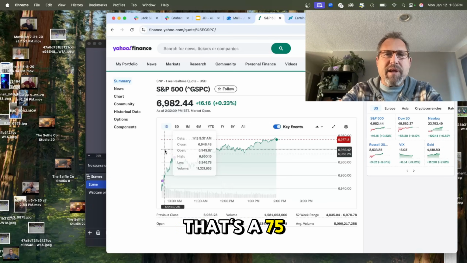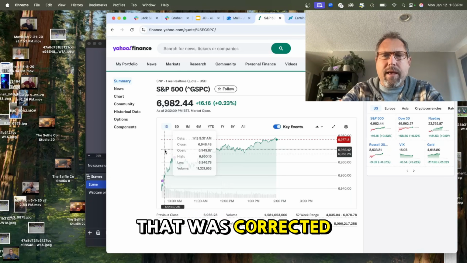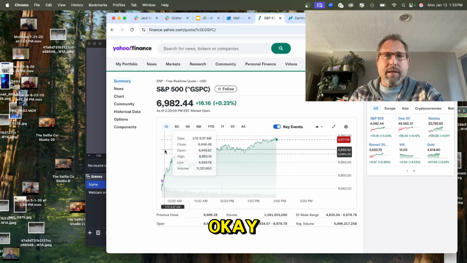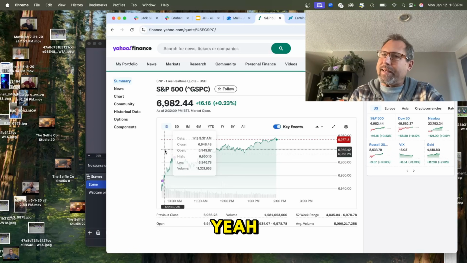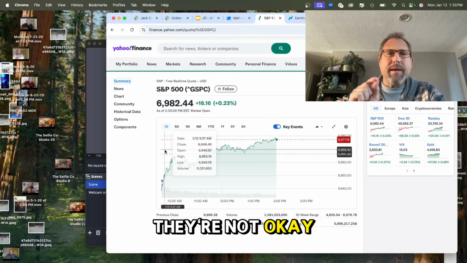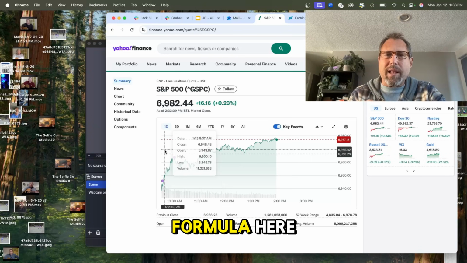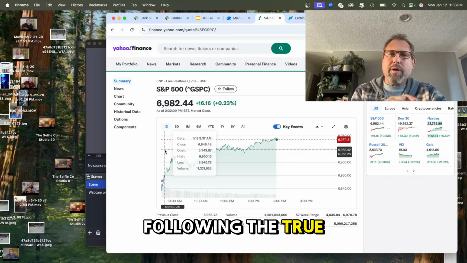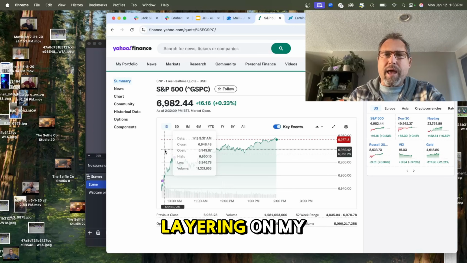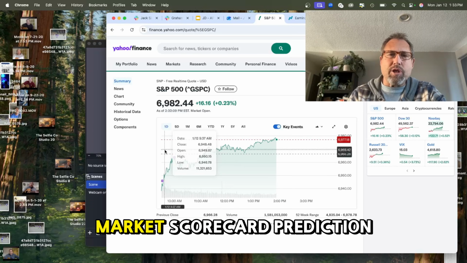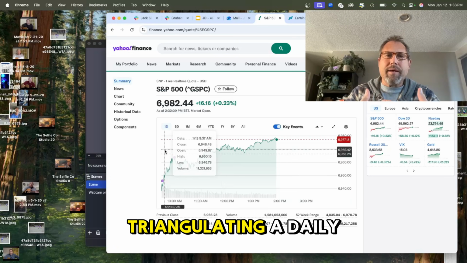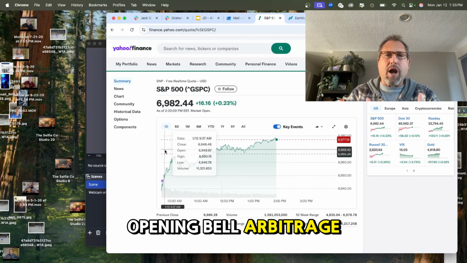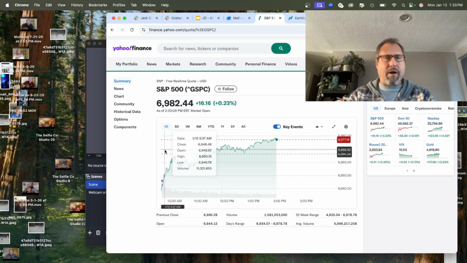That's 75 basis points of inefficiency that was corrected intraday, okay? You tell me that the markets are efficient. Yeah, or not, okay? With my little formula here, following the true value market cycle, layering on my market scorecard prediction for trading that day, triangulating a daily opening bell arbitrage trade, and there it is.